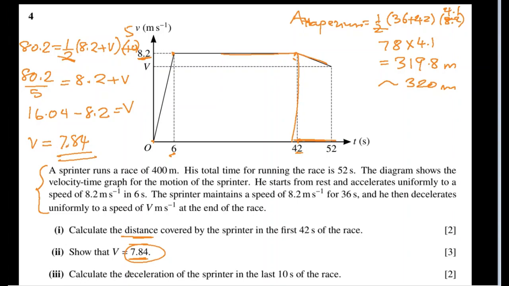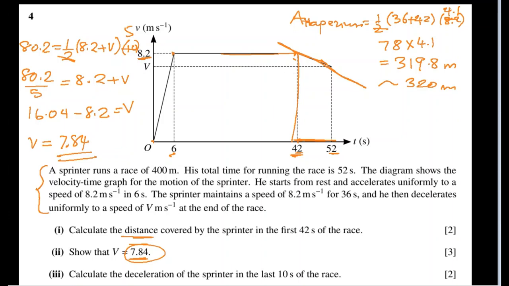The final part, we calculate the deceleration of the sprinter in the last 10 seconds. That means 42 to 50 seconds. That is the deceleration. Let's extend this line. They are asking us the gradient of this line because the gradient of a VT graph gives us acceleration. It's going down, that's why it's deceleration.